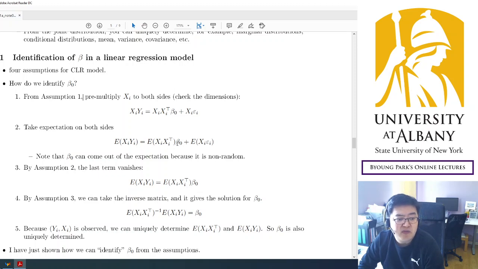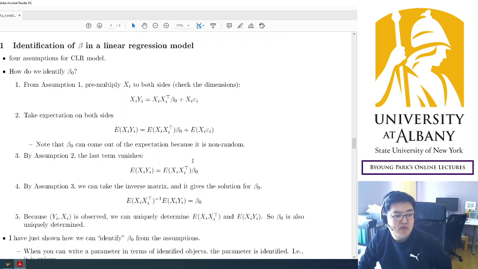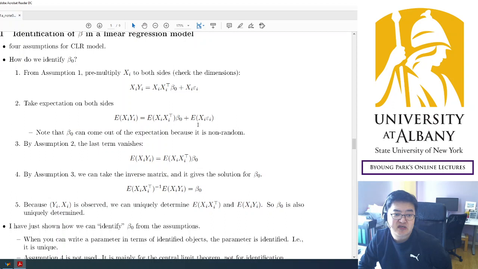And remember, beta is non-random, so beta can get outside of the expectation. And also remember that by assumption 2, the exogeneity assumption, this term disappears. It equals 0, so there is no error term at the end.